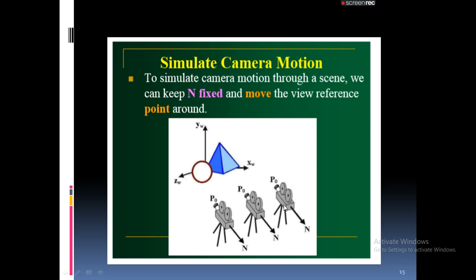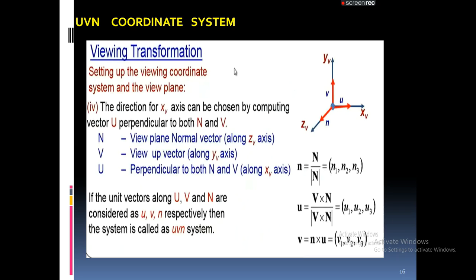In all three positions of the camera, our normal vector is at different locations. So different locations of the normal vector will create different shapes of that particular object on the screen of the monitor or on the projection plane. So these are a few terms with respect to the viewing coordinate system.